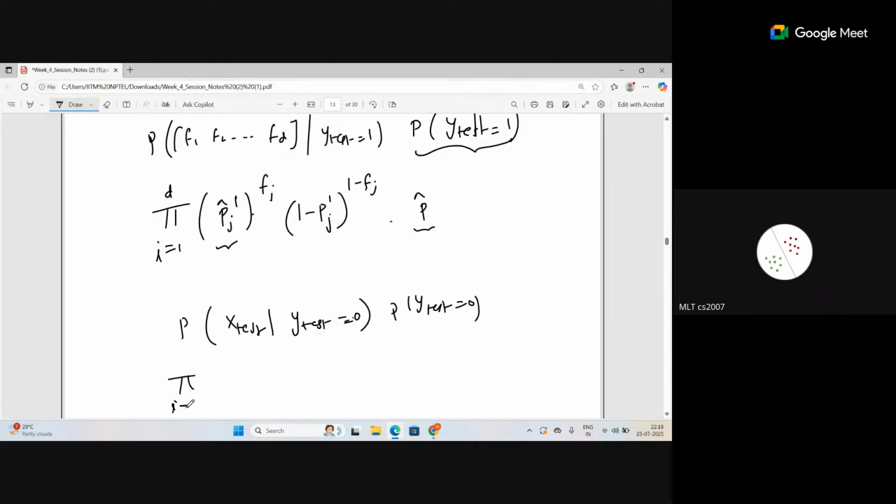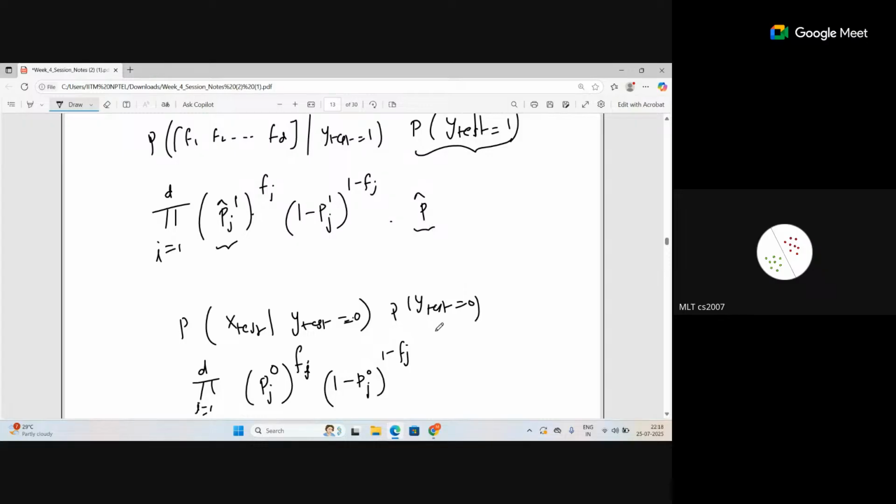It is the product over j equals 1 to D. Same thing, only here it will be 0, and that product will be the product of j equal to 1 to D of Pj0 to the power Fj and 1 minus Pj0 to the power 1 minus Fj.